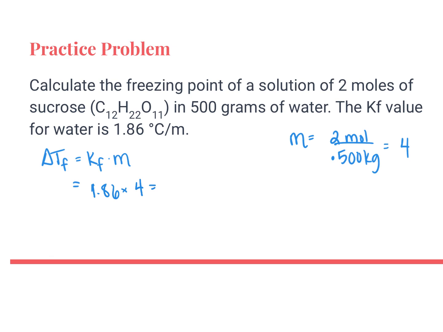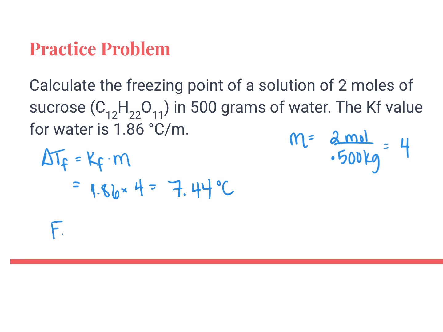What are we getting? 7.44. So by adding that much sucrose, we're going to lower the freezing point by 7.44 degrees Celsius.